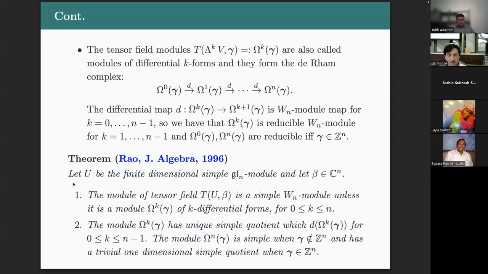The only liability is these simple modules, and he studied those precisely and said that the modules are simple when gamma is not in Zn, and have a trivial one-dimensional simple quotient when gamma is in Zn. So that kind of initiated the representation theory of the Witt algebra.